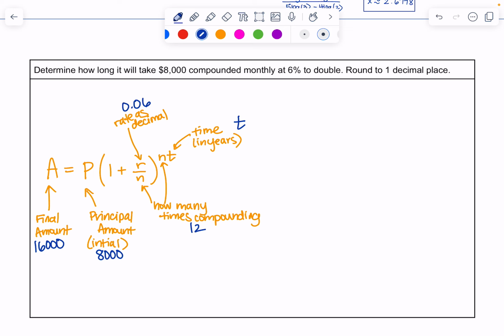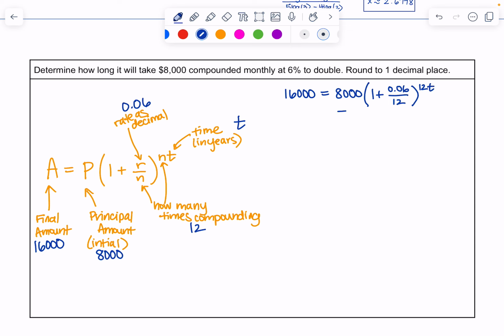That's what we're looking for. Okay, so when we plug that in, we're going to have 16,000 is equal to 8,000 times 1 plus 0.06 over 12 to the 12t, and we're going to be solving for t.